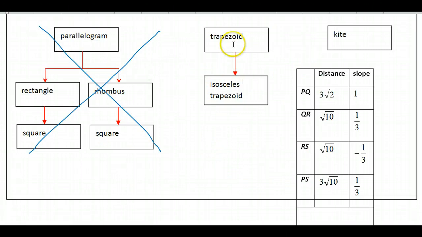But is it a trapezoid? That's what I look to next. What is the definition of a trapezoid? Well, the definition of a trapezoid is that it has exactly one pair of parallel sides. One pair of parallel sides.